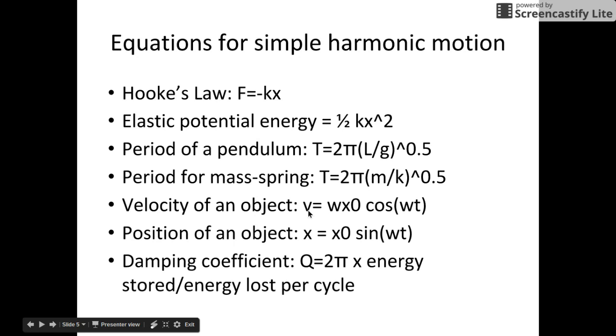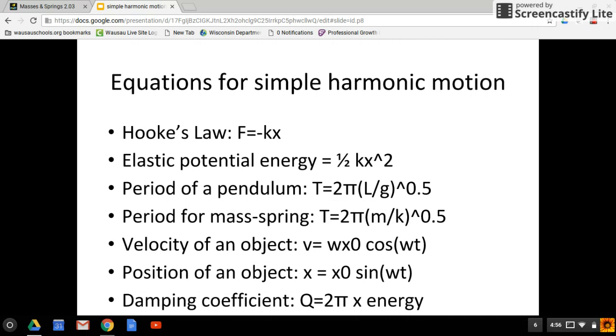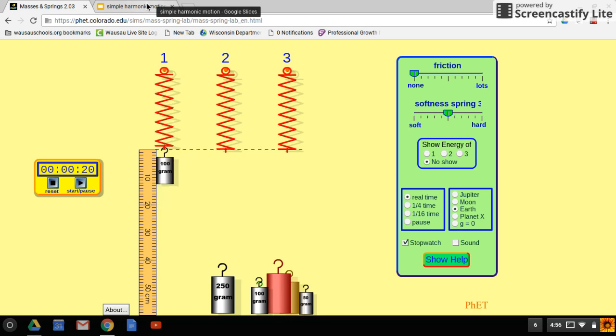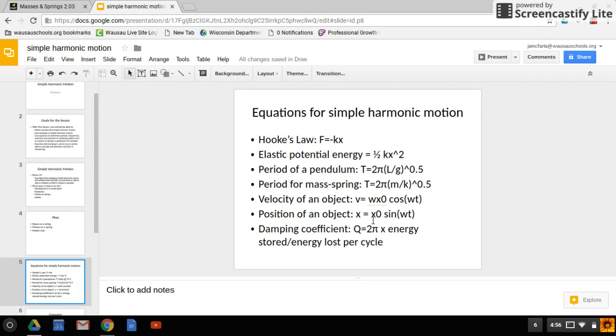Let's say we wanted to find the position of that object, meaning where is it at every single moment in time. For example, if I were to take this object and oscillate it, and I wanted to know where it would be after, say, 5 seconds. The way I could figure that out is to use this equation, where x0 is the position at time 0, and sine is just the sine function.